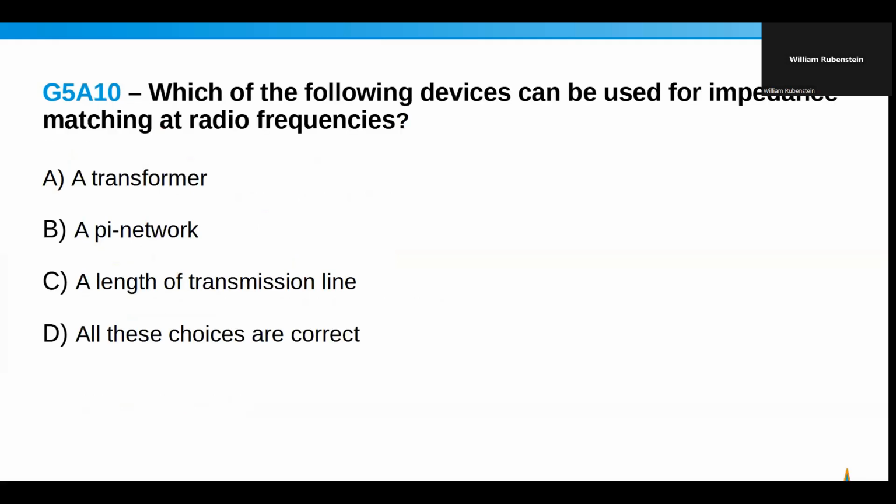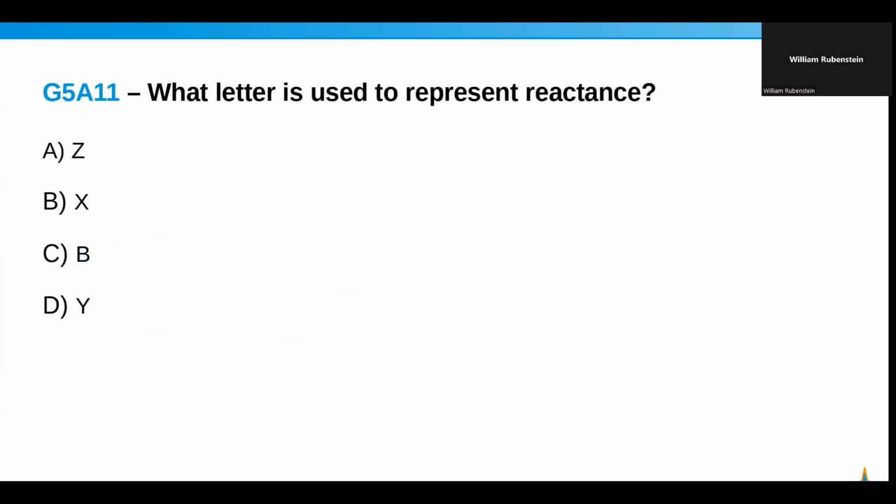So which of the following devices can be used for impedance matching at radio frequencies? All of it. All right, got your first, all of the above. What letter is used to represent reactance?